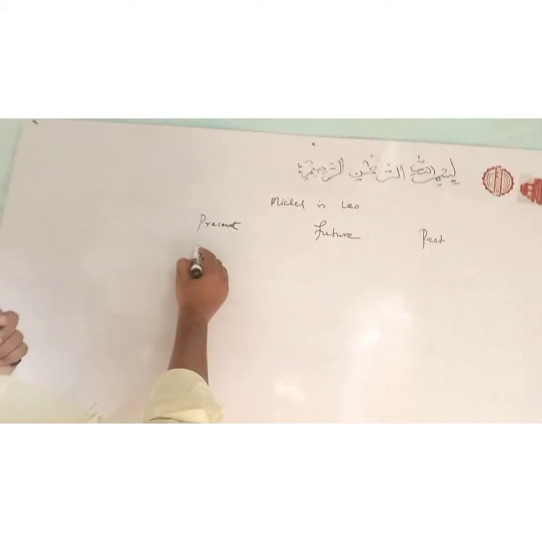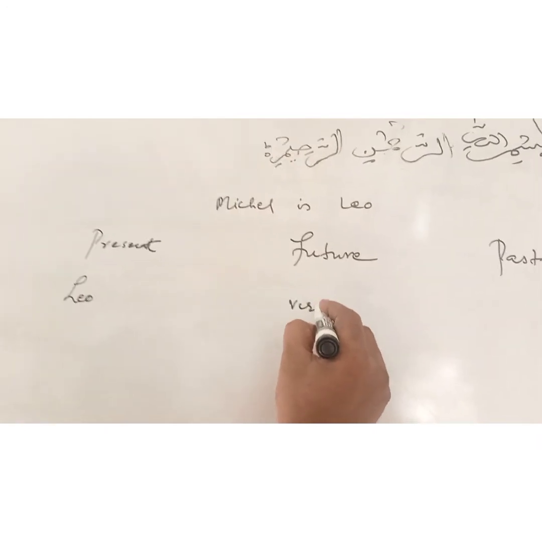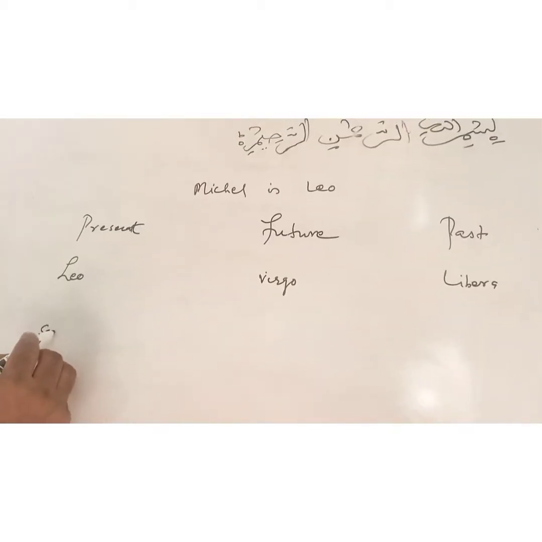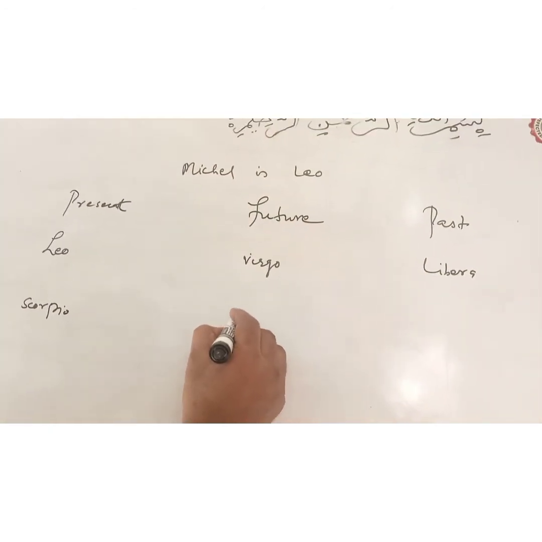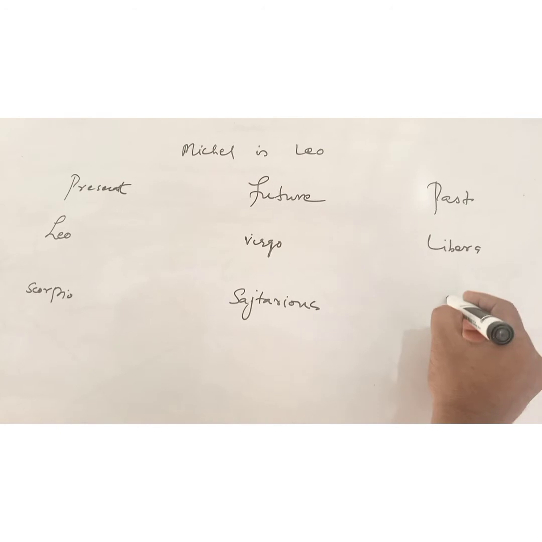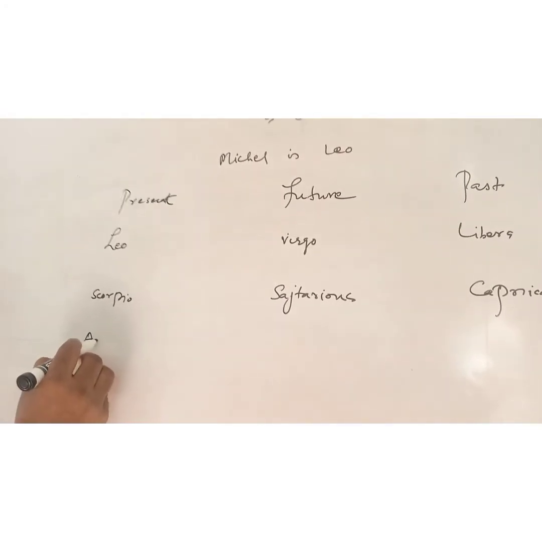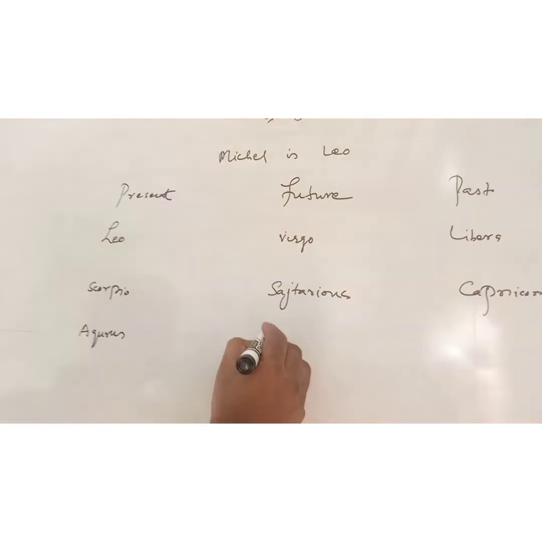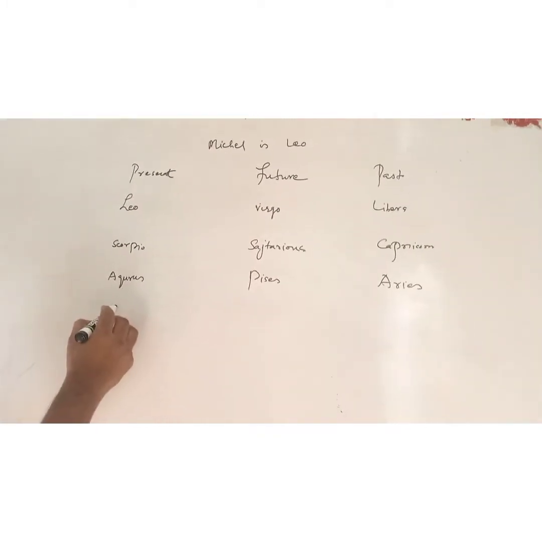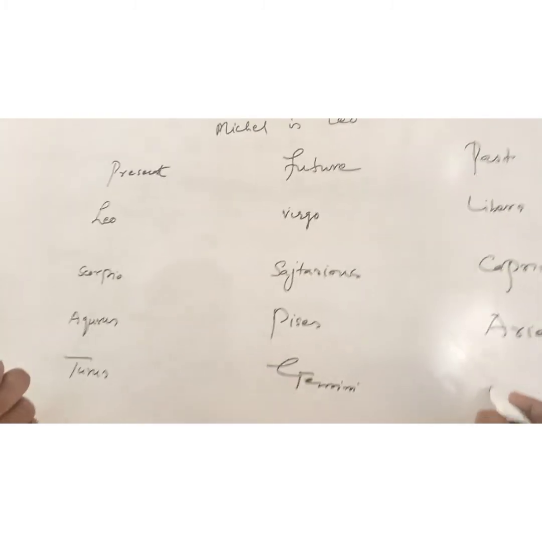Now first we keep here Leo, Virgo, Libra, Scorpio, Sagittarius, Capricorn, Aquarius, Pisces, Aries, Taurus, Gemini, and Cancer.